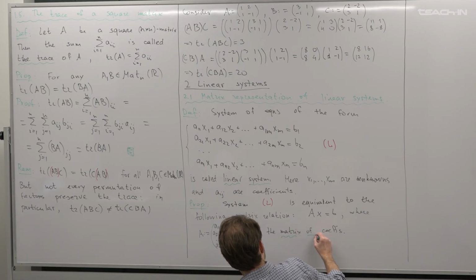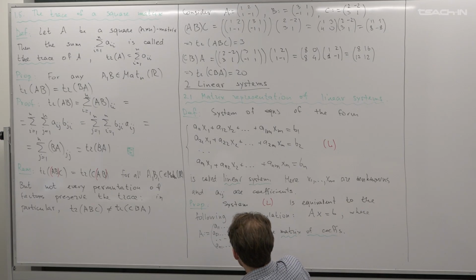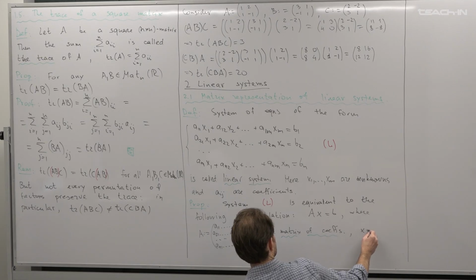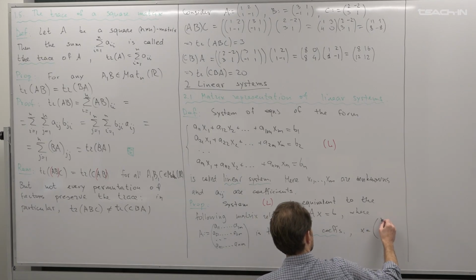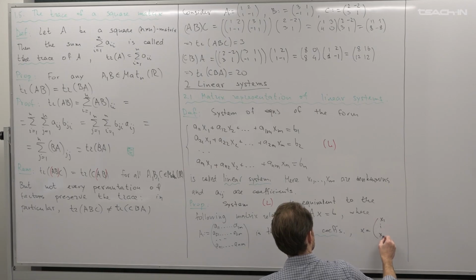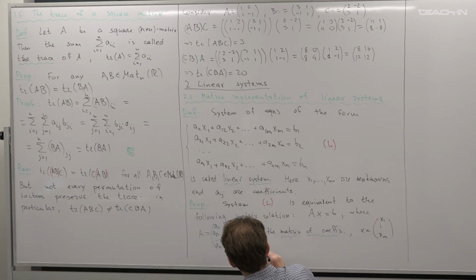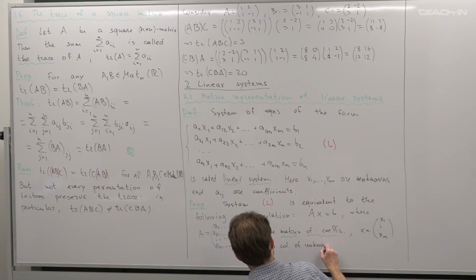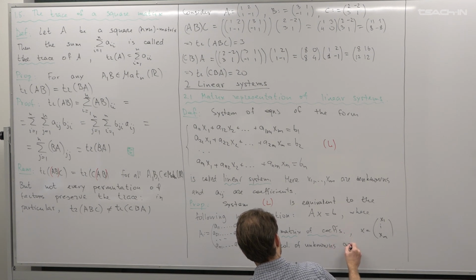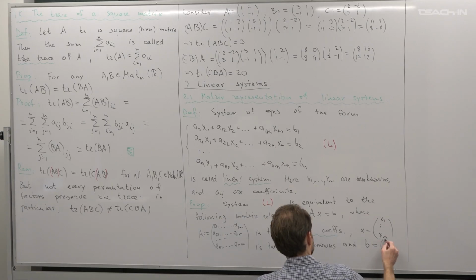So I will underline this in green. X is the column of unknowns. And B is the right-hand side vector, b1, etc., bn.